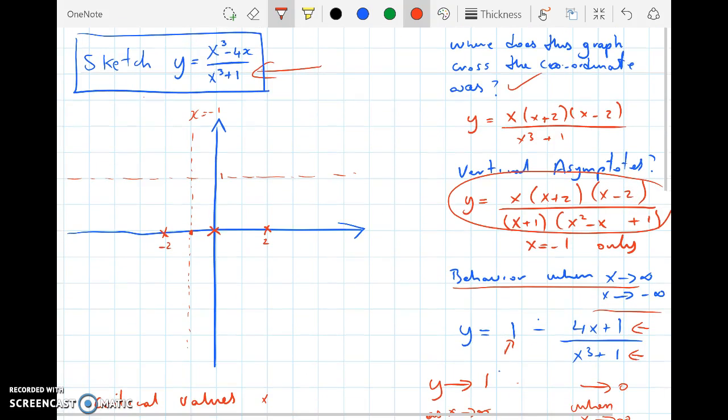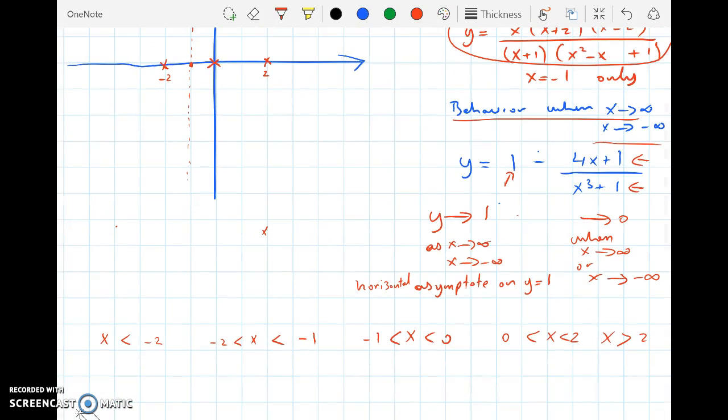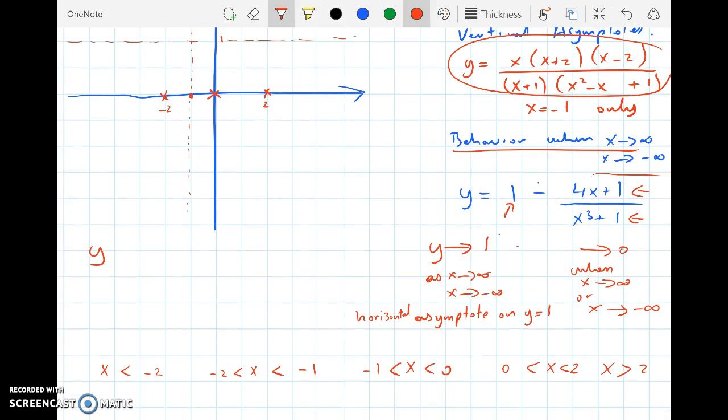Okay, well, when x is less than minus 2, if I look at this, we've almost got 3. Let's just rewrite that. I've got the critical values. Let's rewrite my function here in factorised form, so that we can see.